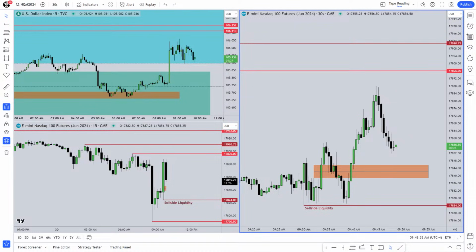Right where it's at right now, it can go either direction. So that's the definition of low probability.